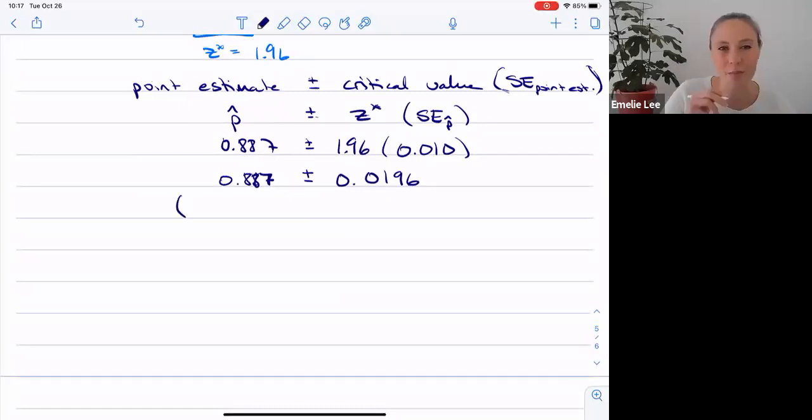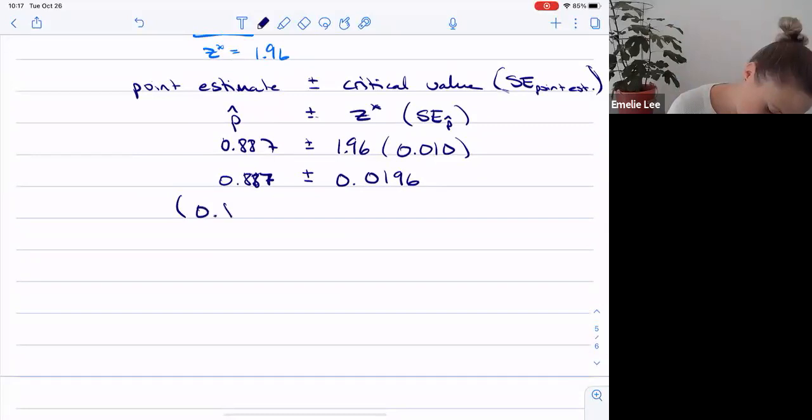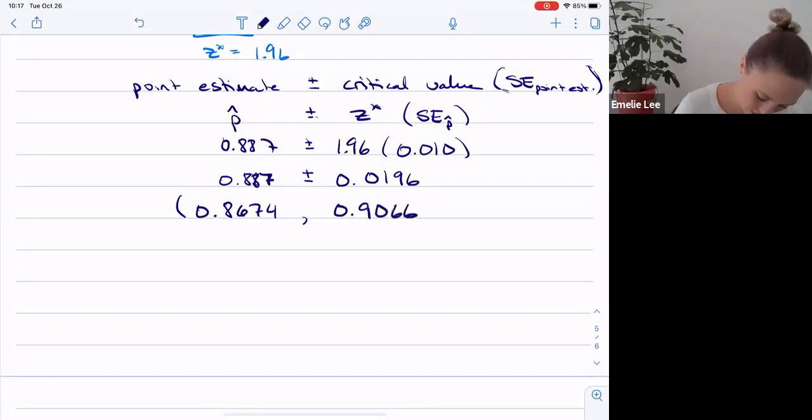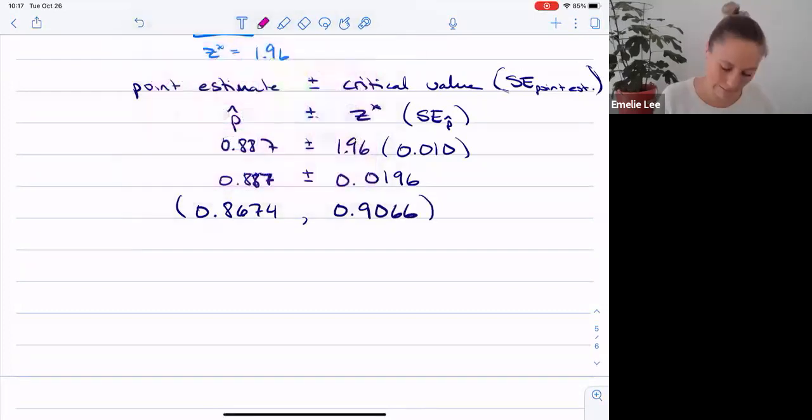Between 0.8674 up to 0.887 plus 0.0196, 0.9066.